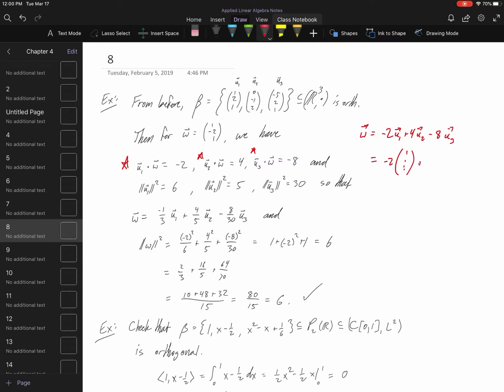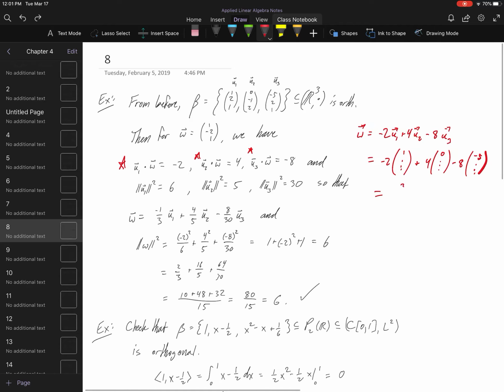You can check this even just in the first component: we wind up with 40 minus 2, which is 38. That's definitely not going to equal W, because this entry is supposed to be a 1. I did that right? It looks like I did that right.